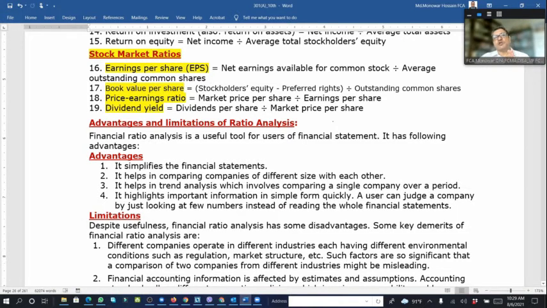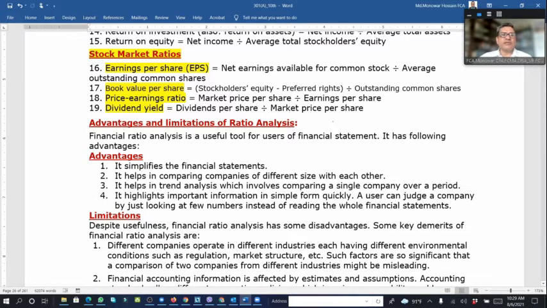So EPS we know, net income available for the shareholder divided by average outstanding common shares, and book value per share is stockholders' equity minus preferred rights divided by outstanding common shares. Price earning ratio we can calculate as market price per share divided by earning per share. Dividend yield we can calculate as dividend per share divided by market price per share.